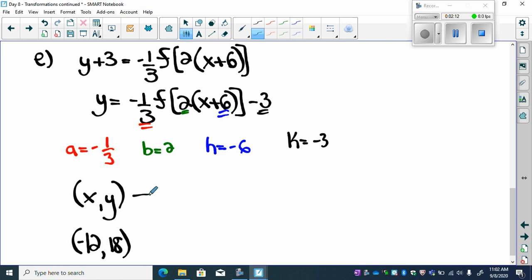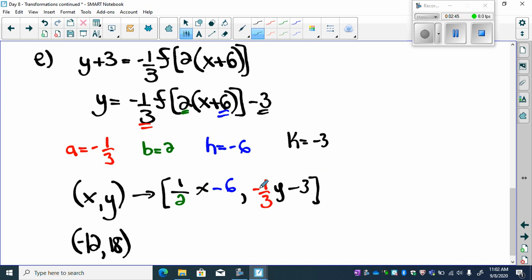The mapping rule is going to look like the following. It will be 1 over my b value, 1/2, times x, plus h, so plus -6 or -6, and then comma, a times y, so I use this -1/3 times y, and I'm going to add a -3 or subtract 3.